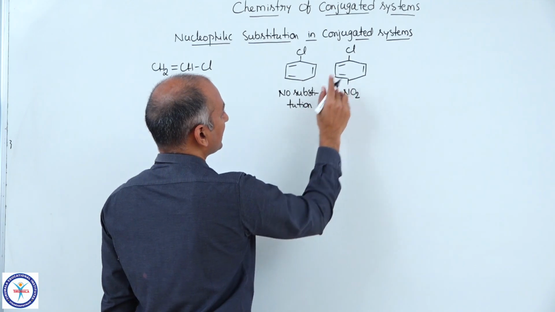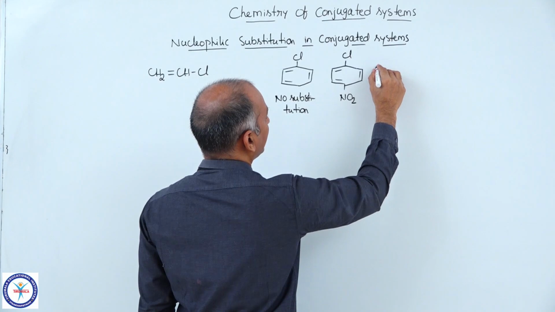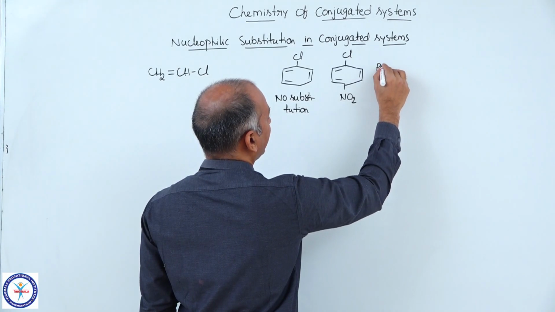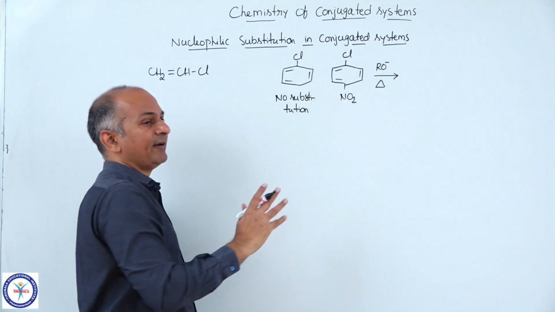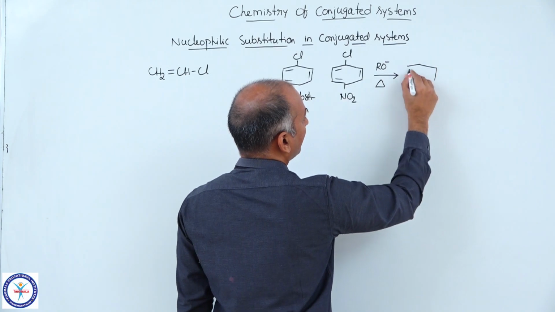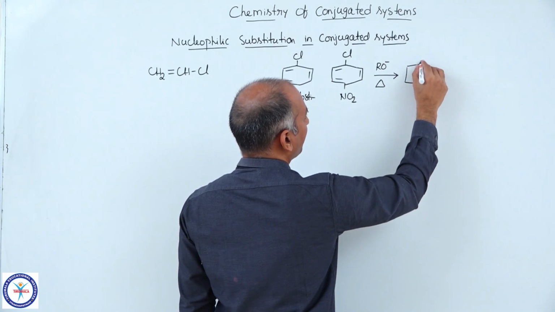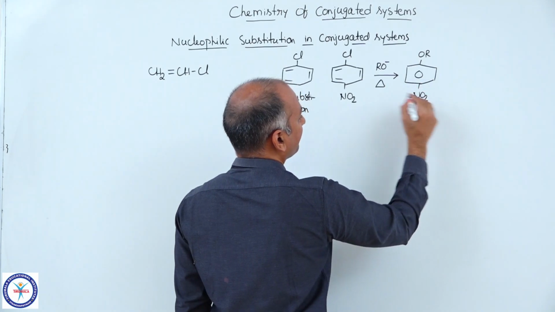If you come to this para-nitrochlorobenzene, you treat this compound with, let us say, RO minus at high temperature, around 70 or 80 degrees Celsius. Yes, there is a reaction and you will get the substituted product, OR here, NO2 here.